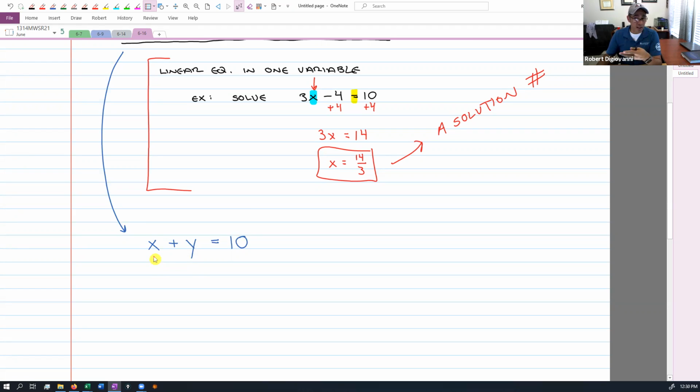So that makes it linear. Now, let me ask somebody in the class to give me a solution to this equation. In other words, somebody give me an x and a y, you give me both, that would make this equation true.